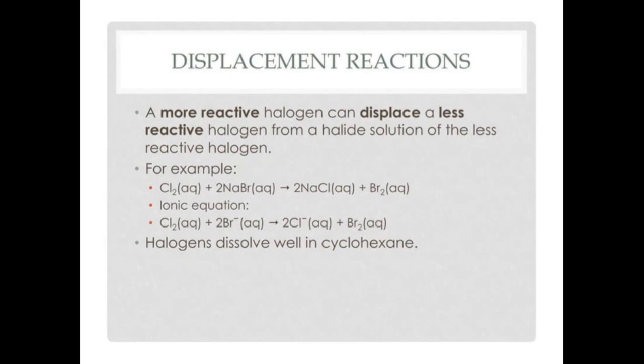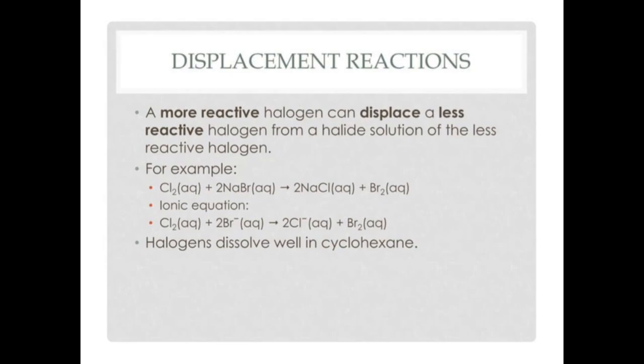Chlorine is more reactive than bromine, so chlorine would displace bromine from the solution of the salt, and you see that chlorine has replaced bromine in that NaBr. And this is the ionic equation of the reaction.